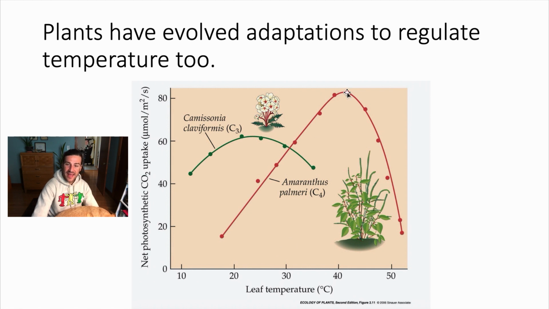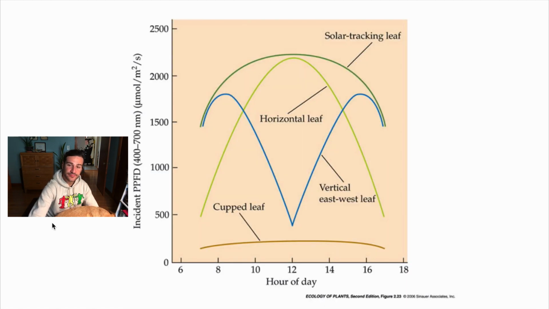So at around 40, 41, 42 degrees Celsius, this species, Amaranthus palmeri, photosynthesizes the most efficiently. Contrary, this C3 plant has its temperature optimum at 23 degrees Celsius.